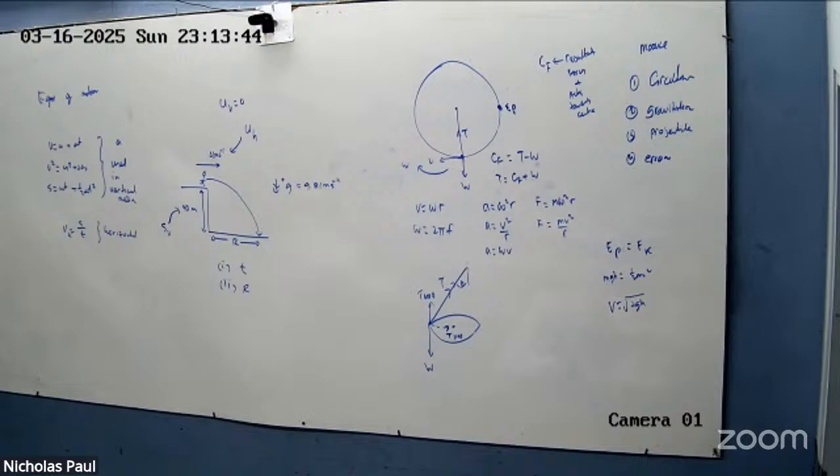Was it mass times acceleration? Just find acceleration. Yeah, 14,000 or something, 14,070.